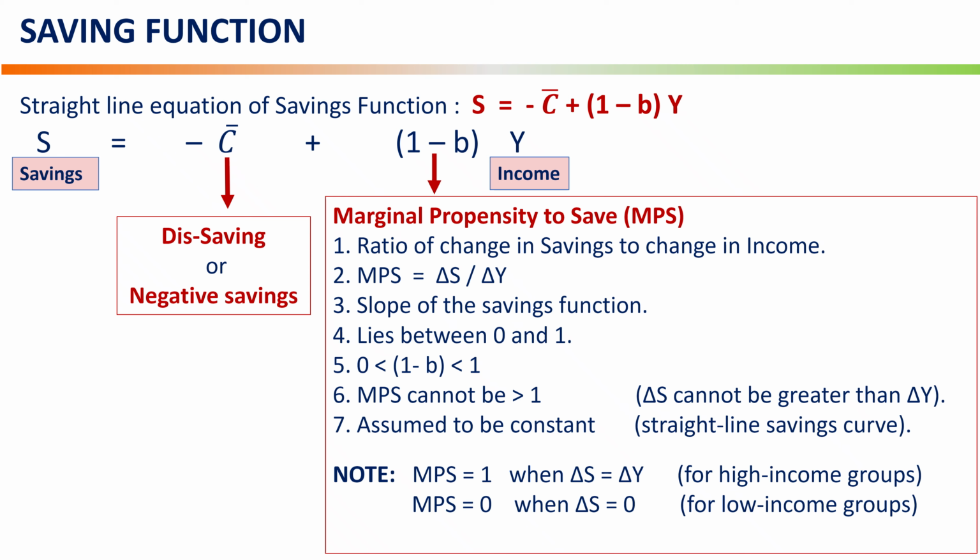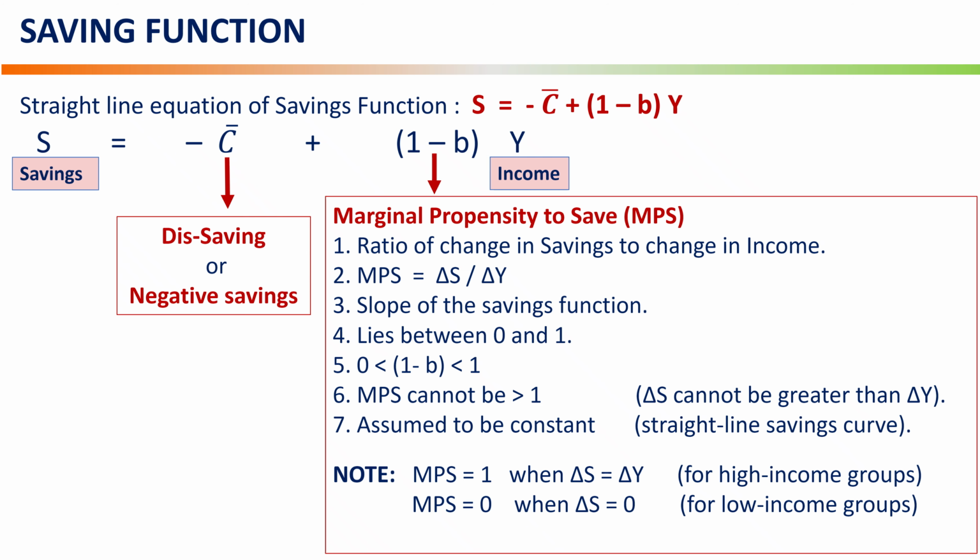For low income groups, in contrast, MPS can be 0 because for them, change in savings will be 0. That is, they will not be able to save anything out of their increased income. Since their income levels are very low and all their consumption needs are not met, therefore, their additional income goes into additional consumption.